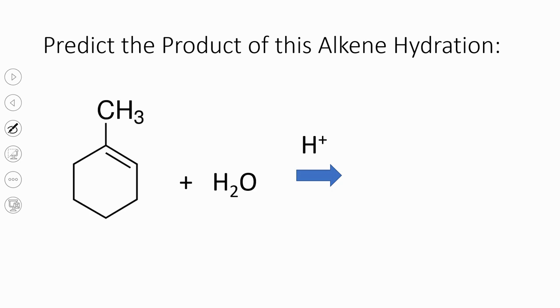Okay, so if we have this, what would our product be? We're predicting this one is not identical, so it does matter where the OH ends up.